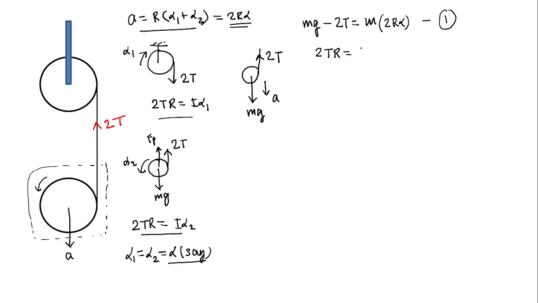I is, for the cylinder, m R squared by 2 times alpha. So from here you get T is equal to m R alpha by 4, or simply you can write 2T is equal to m R alpha by 2.